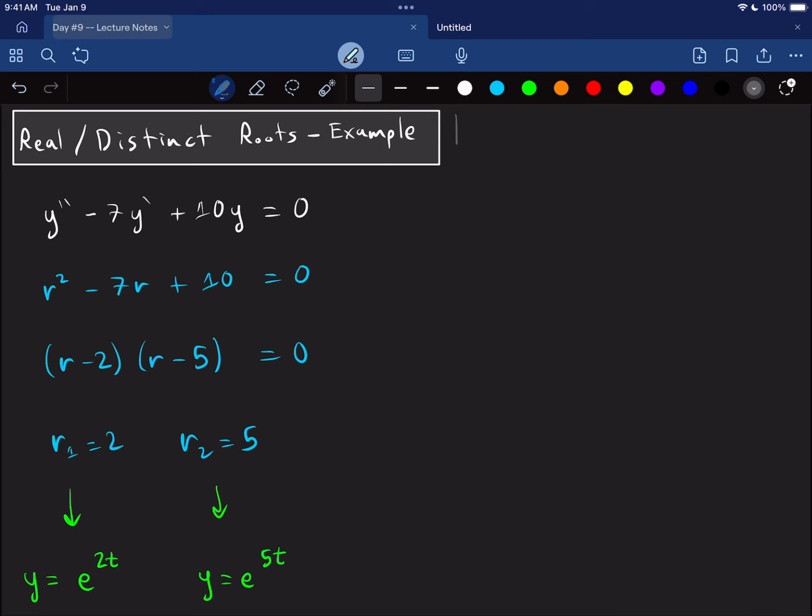The question is now, what can I do with these? Well, we've seen this before. I'm going to write this out explicitly.